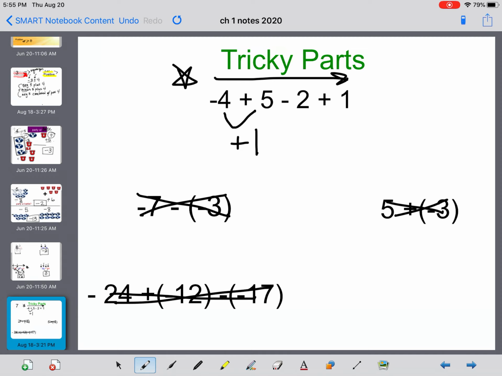Okay, then I'm going to drop this one down and I'm going to combine these two together. I have a positive and a negative number, and so which team is going to win? The negatives are going to win. Why? Because they had 1 extra guy. Then I'm going to drop down my positive 1. I have a negative 1 plus 1. That equals 0.